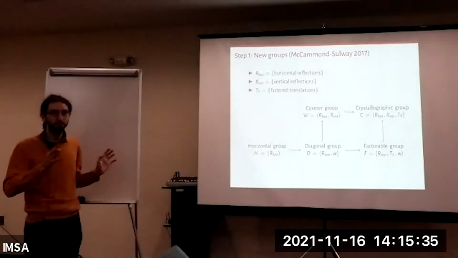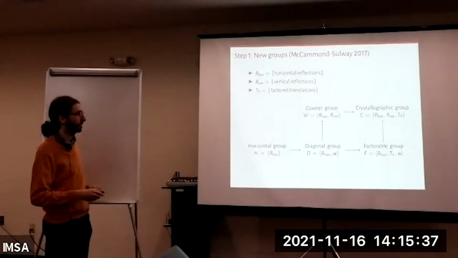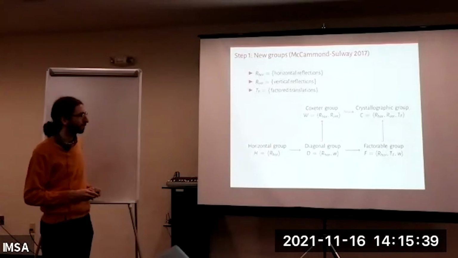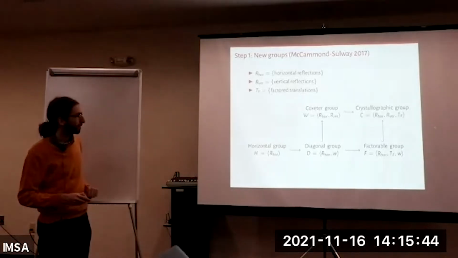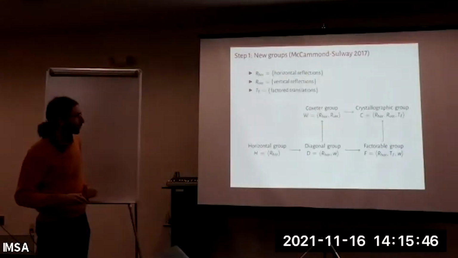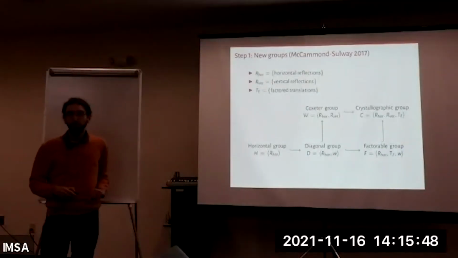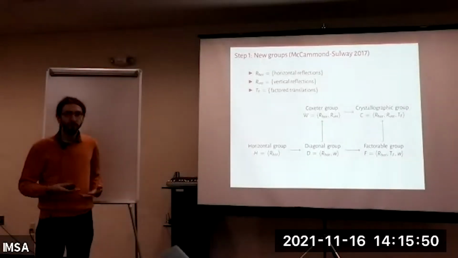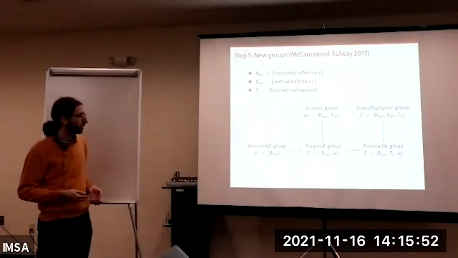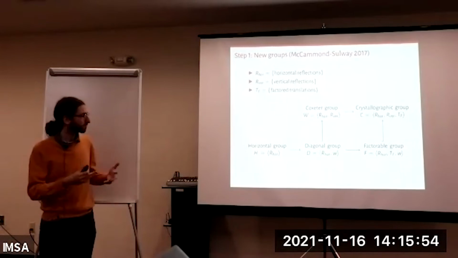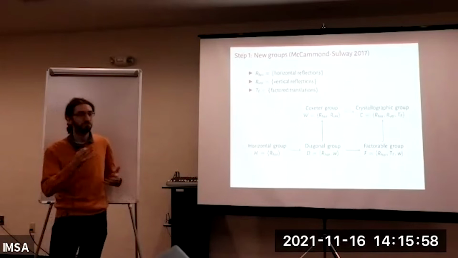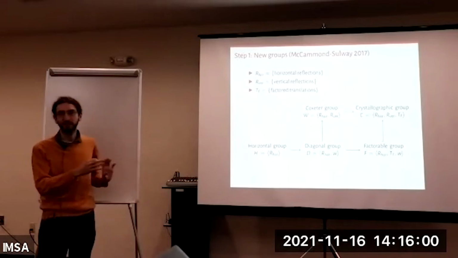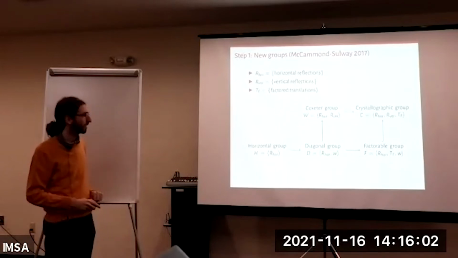We will not go into the details of how these are defined. They also introduce these other groups, which turn out to be quite useful. Again, not going into the detail, I will give an example soon. So just believe that these groups are useful.